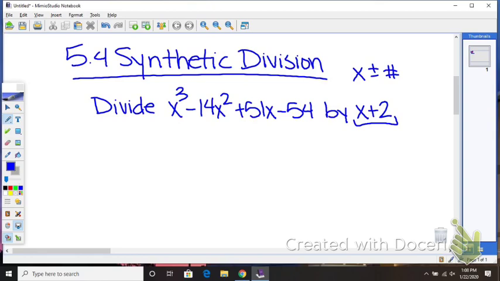You also can't use synthetic division if you were dividing by something like x squared plus 2. It's got to be just a regular old x, either plus or minus, and then just a regular old number. If it's anything else, you can't use synthetic division.